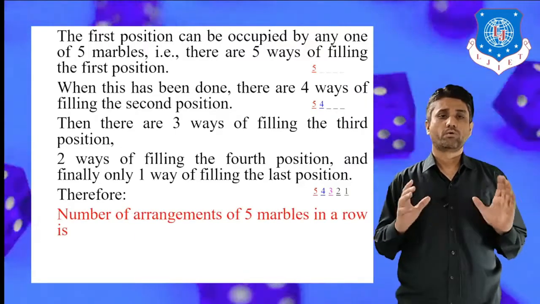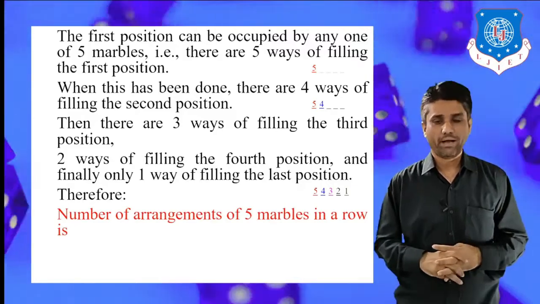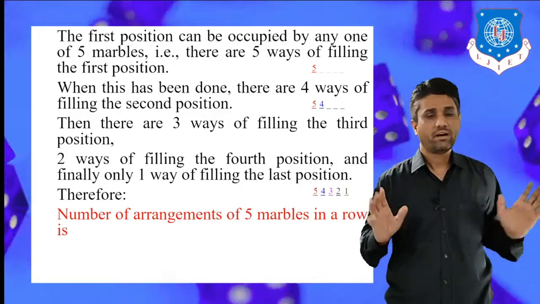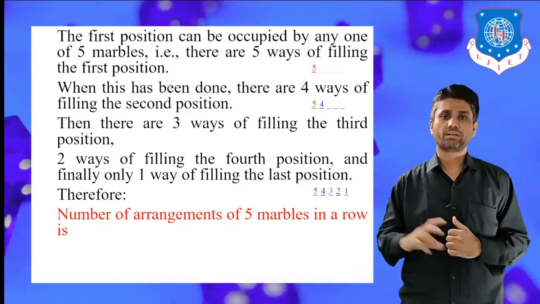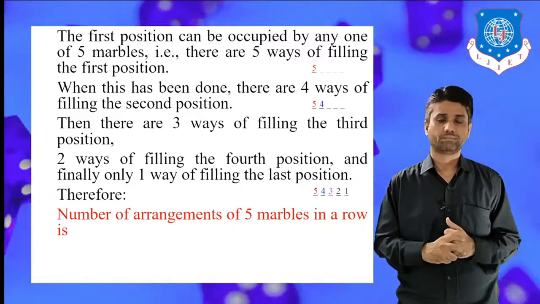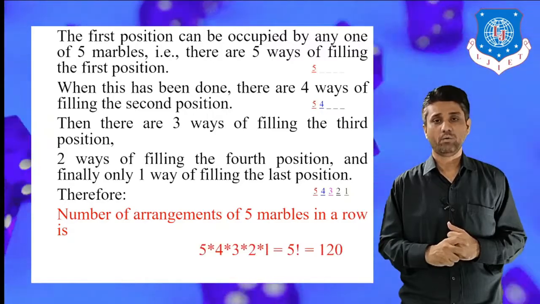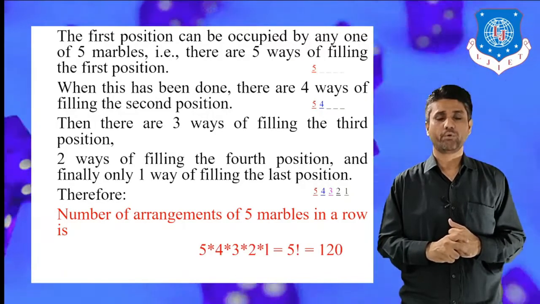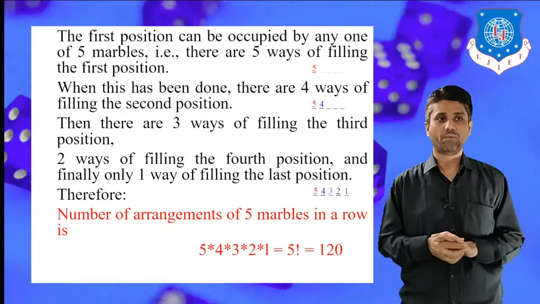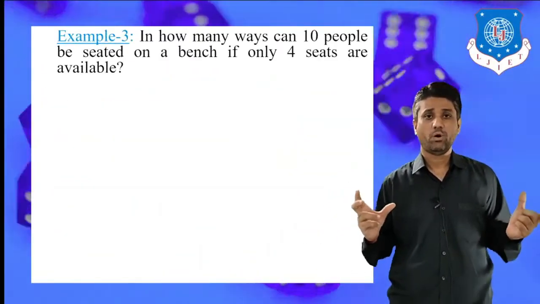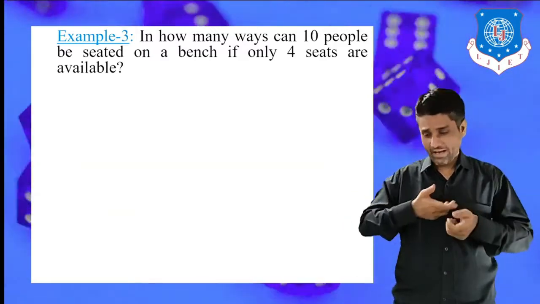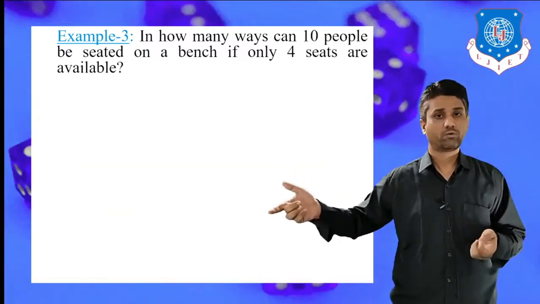So we conclude that the number of arrangements of 5 marbles in a row is given by the multiplication of all these numbers, that is 5 into 4 into 3 into 2 into 1, which is 5 factorial, that is 120. So there are a total of 120 possibilities for arranging 5 marbles in a row.